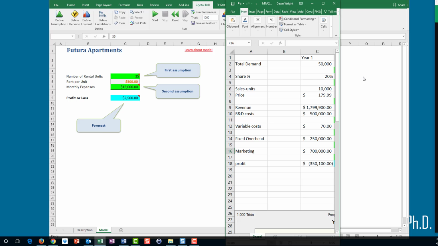Now how are you using, okay, so you got total demand, you got 5, 15, and 20%, a range. So are you using a RAND function for Excel, or are you doing everything in the CB?